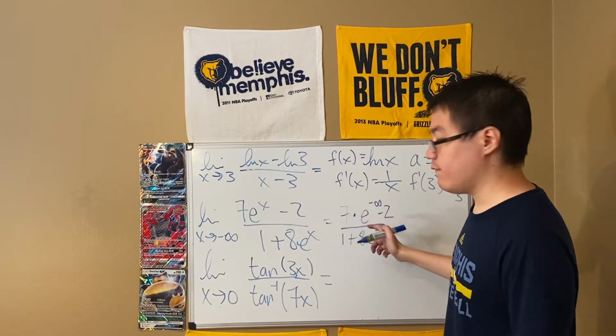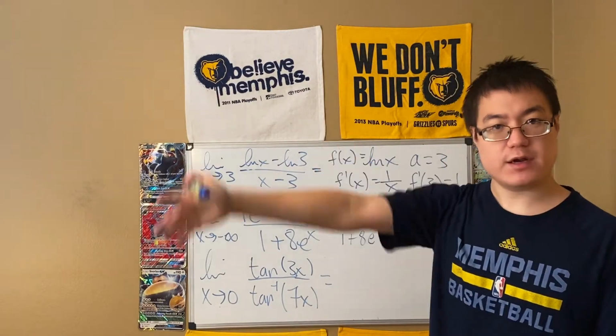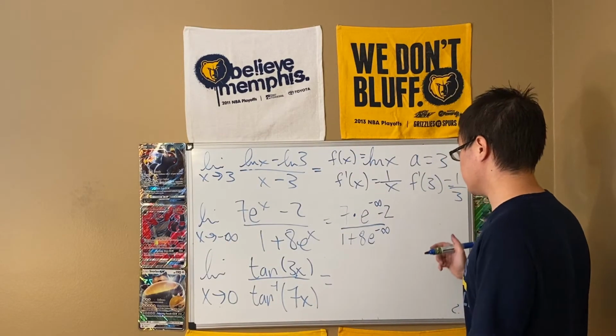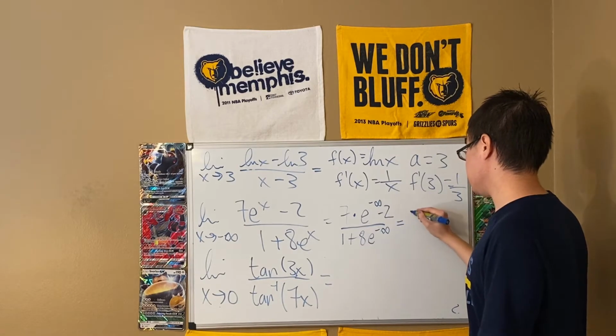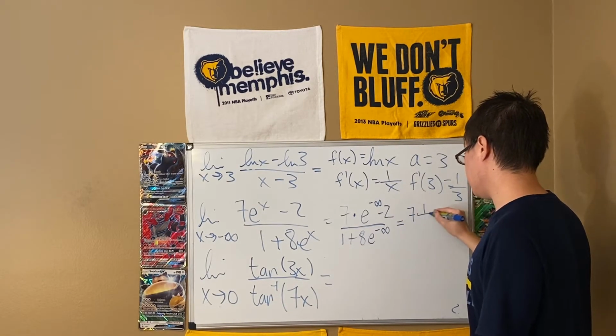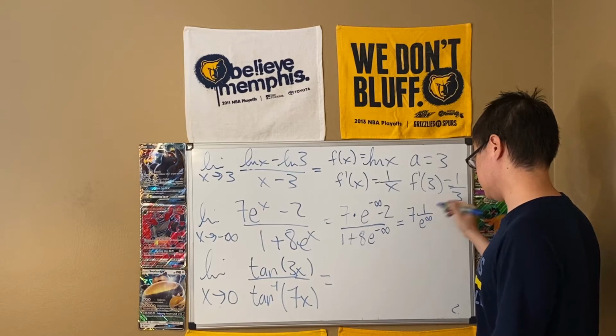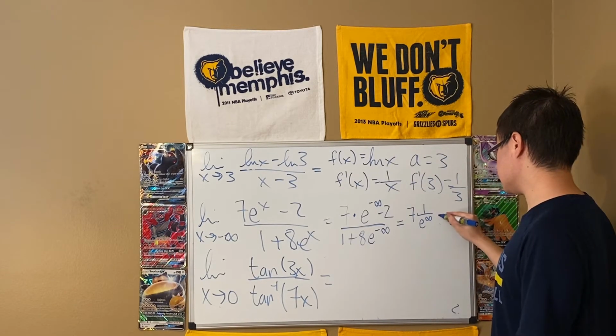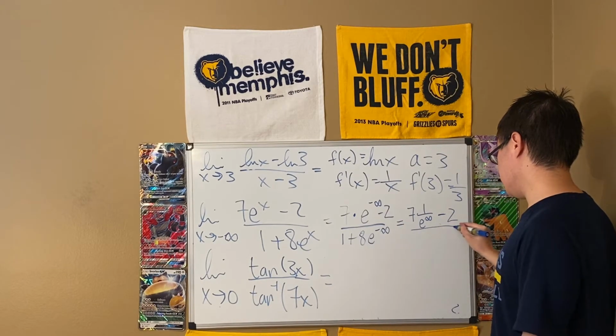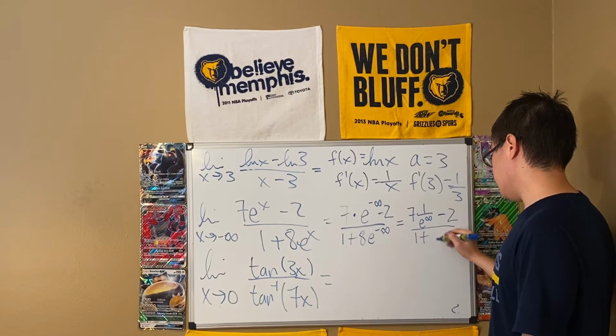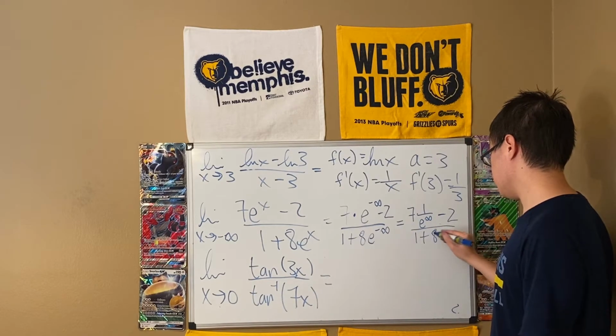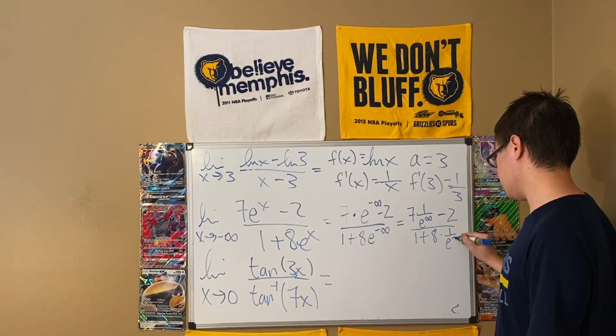I like to write my negative exponents, even if it's negative infinity, as a fraction to see what's going on here. So my next step is going to be 7 times 1 over e to the infinity. Hopefully you can see this. There's still a minus 2. And then 1 plus 8 times 1 over e to the infinity.